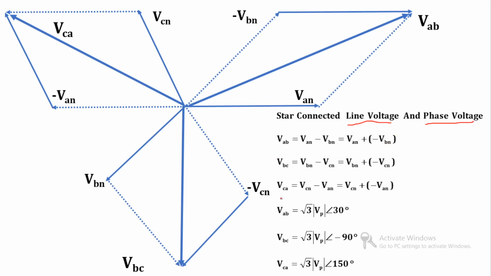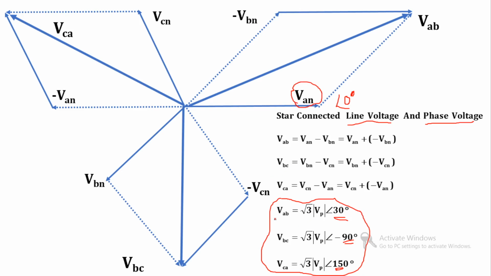Now let's try to find out this angle. That angle is plus 30 degree, minus 90 degree and plus 150 degree. Now these angles are with respect to 0 degree. Clear? So these plus 30 degree, minus 90 degree and plus 150 degree angles are drawn with respect to the reference line, that is the reference line is VAN, that means with respect to 0 degree.